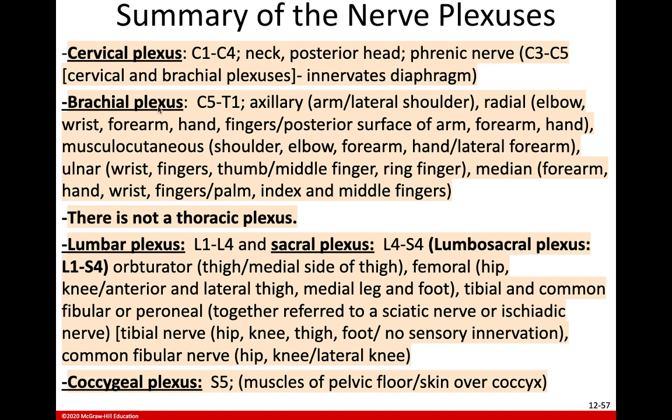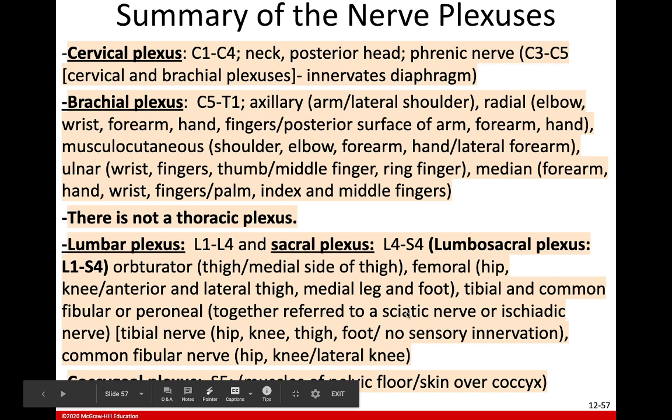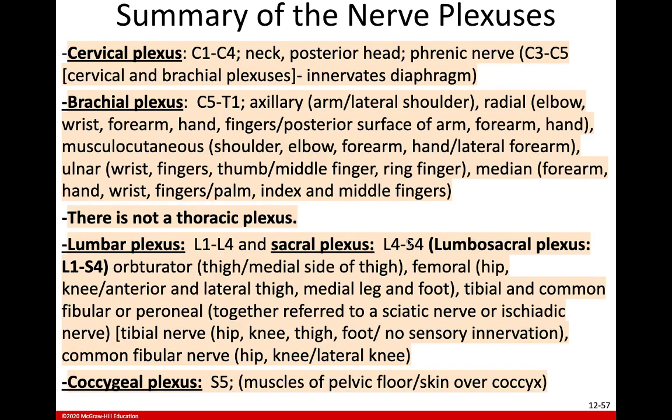The brachial plexus, C5 through T1, you need to be familiar with that, the radial nerve, the axillary nerve, the musculocutaneous, the median, the ulnar nerve, the lumbar and sacral or lumbosacral plexus. Again, the main one we talked about was the sciatic nerve, which is the tibial and the common fibular nerve together. And then the coccygeal plexus is S5.